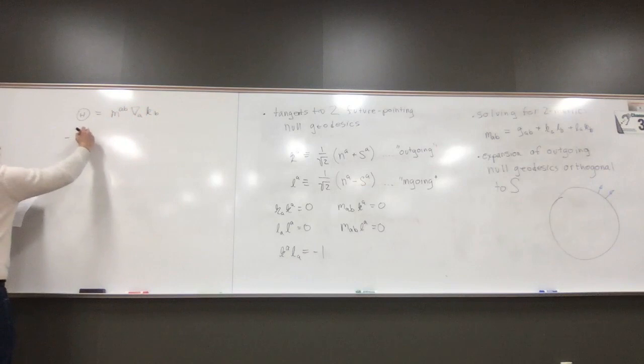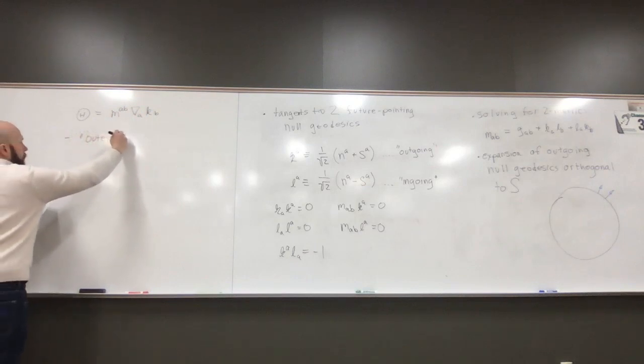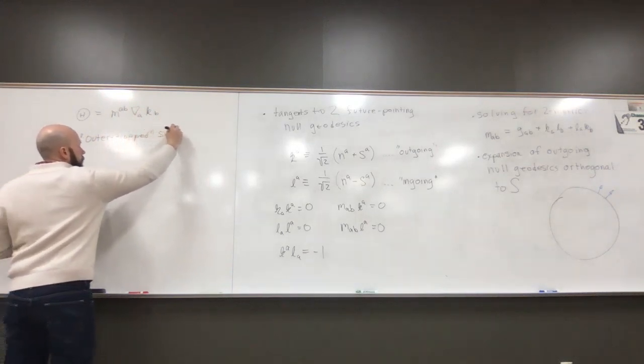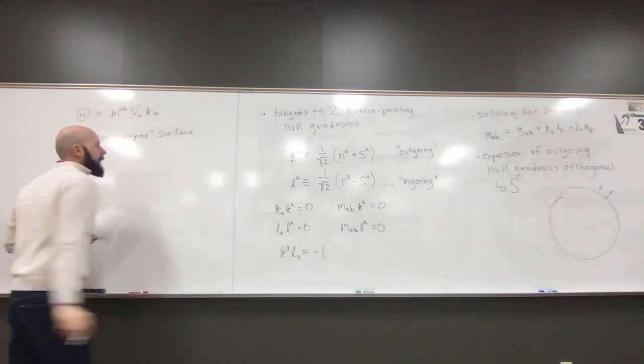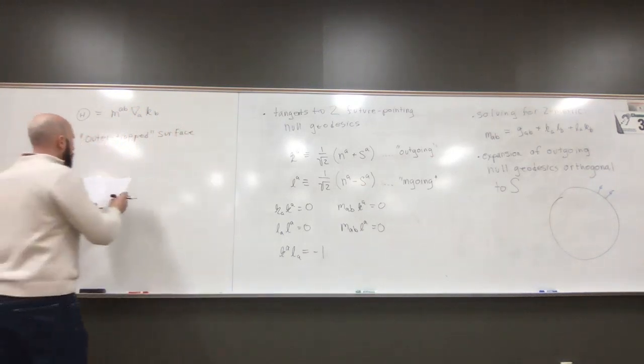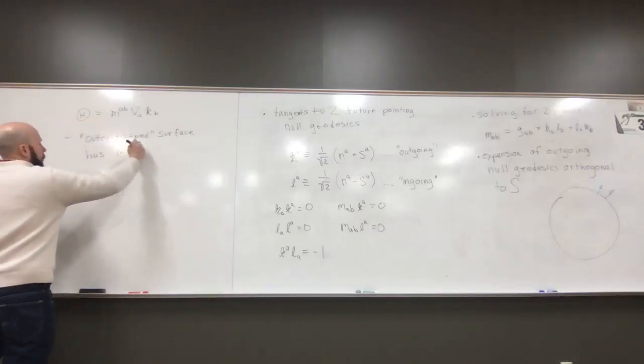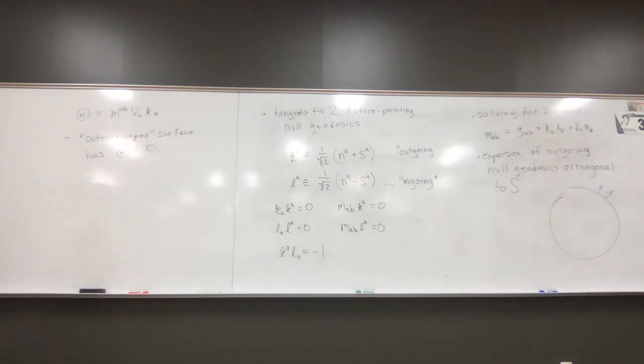What's going to be called the outer trapped surface, or any outer trapped surface, not the, but any outer trapped surface, has capital theta less than 0. So these null rays converge, right? Negative expansion, they're converging. And so it's a surface that is trapped. Null geodesics originating from that surface converge rather than diverge.